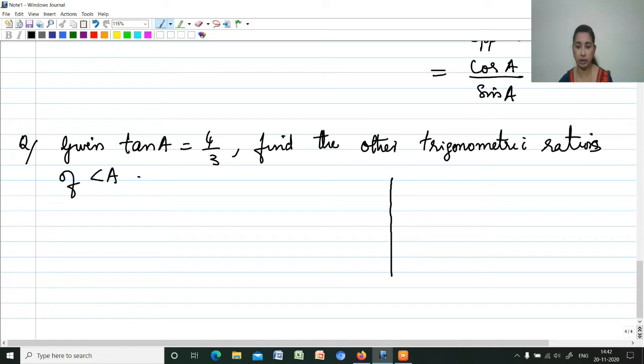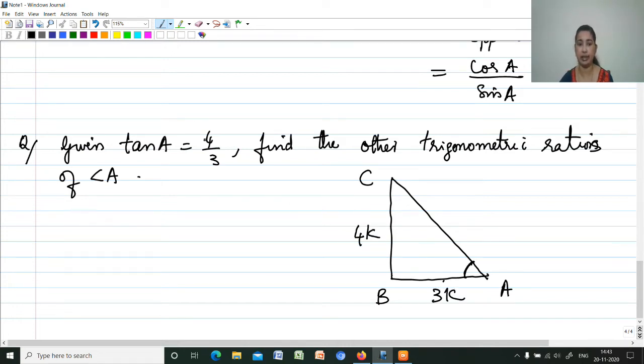So we can draw the right angle triangle. Let this be A, B and C. Tan A means opposite side by adjacent side. So we can write this as 4k by 3k because it is given as a ratio 4 by 3. While writing the sides separately we have to write them as 4k and 3k because it is in rational form.